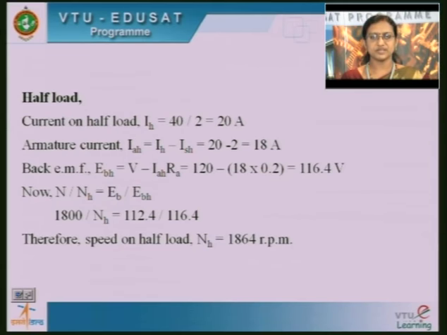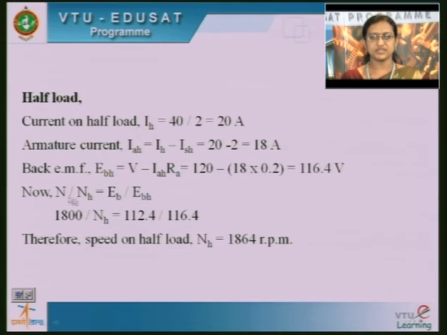So, I_H minus I_SH is equal to 20 minus 2, and we get 18 ampere. Now, for this new value of armature current, you calculate the back EMF. Back EMF E_BH at half load is equal to V minus I_AH R_A. In this case, we are getting 116.4 volts.